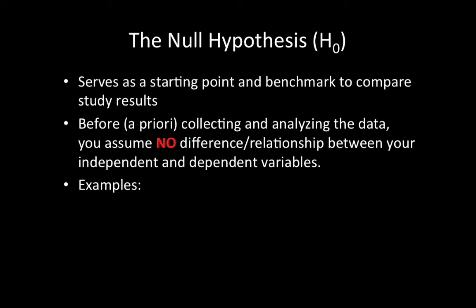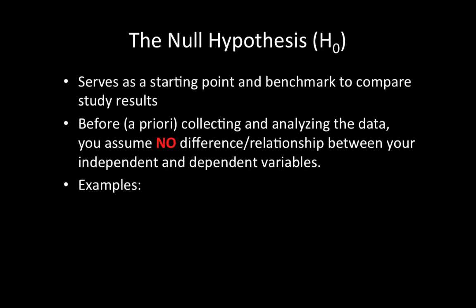And really, if there were differences, it'd probably be due to chance. And so we use the process of hypothesis testing to see if we do see differences or relationships, that it's really not due to chance, but due to some other explanation. We'll get to that in just a few moments.